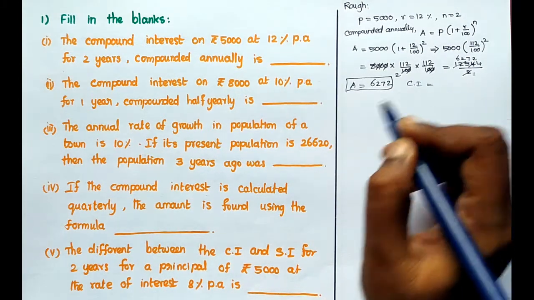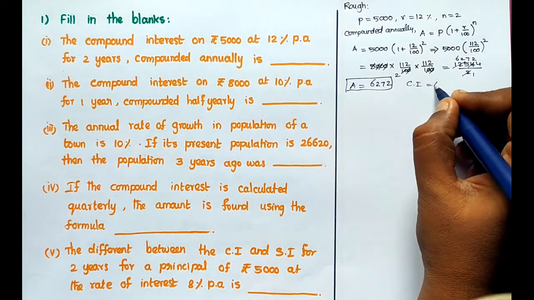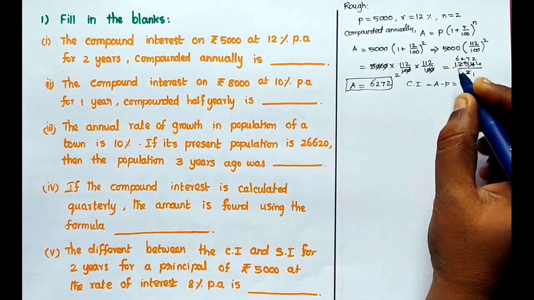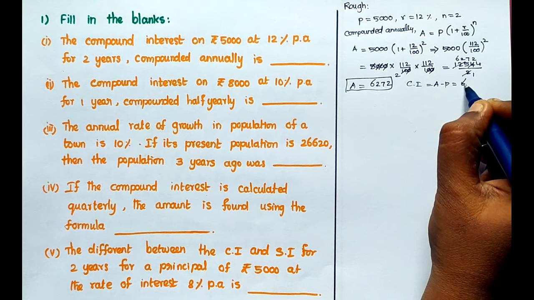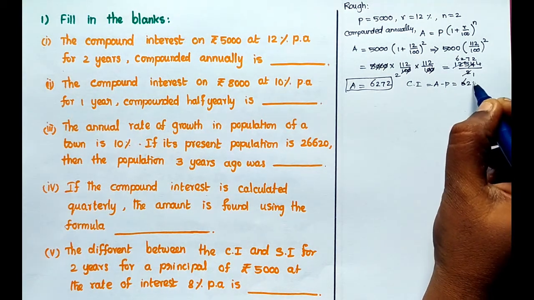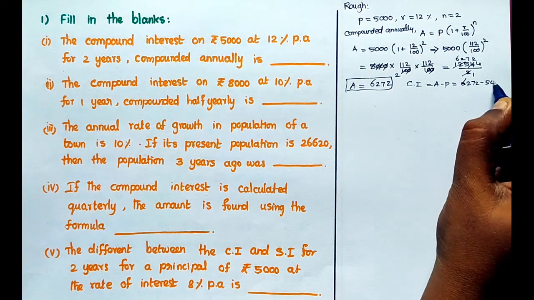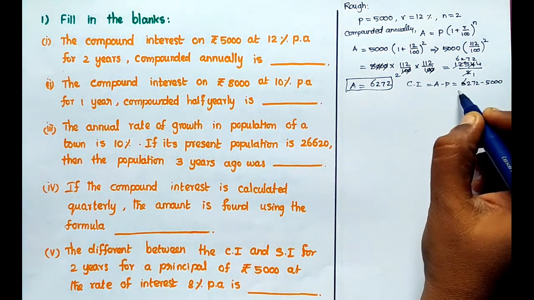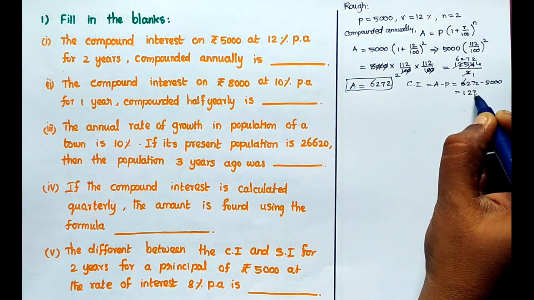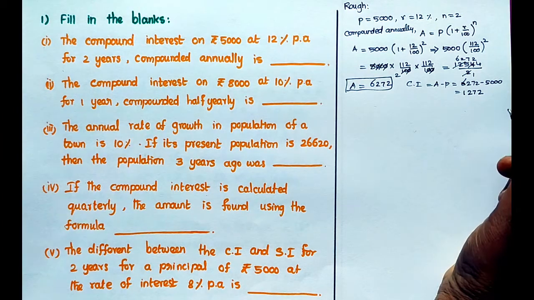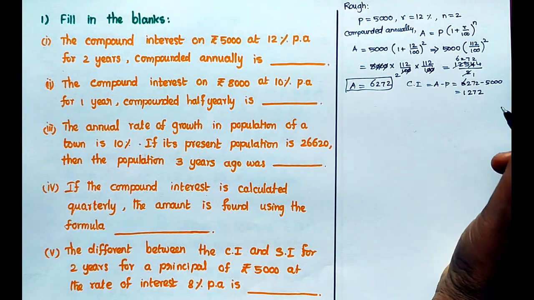We have to find the compound interest, so what's the formula? A minus P, that is amount 6,272 minus 5,000, we get 1,272. That is the answer.